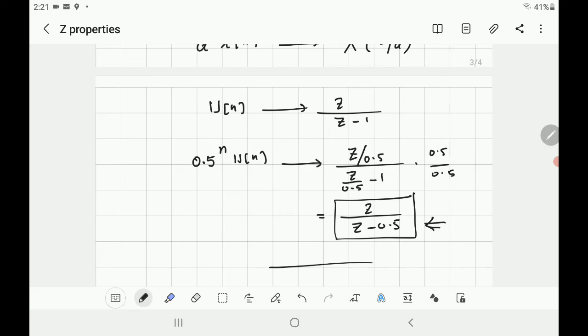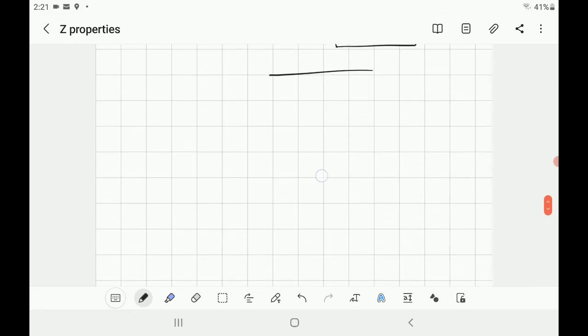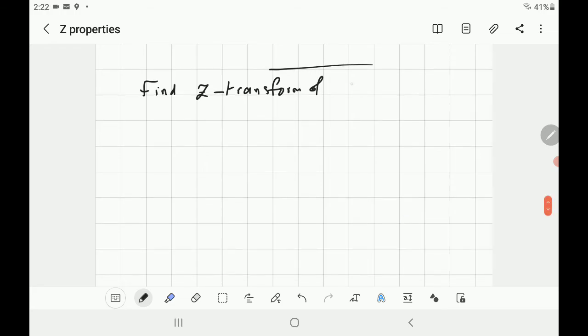All right. Let's take one more example. Find the z-transform of the unit ramp. I'll sketch the unit ramp that starts from 0.